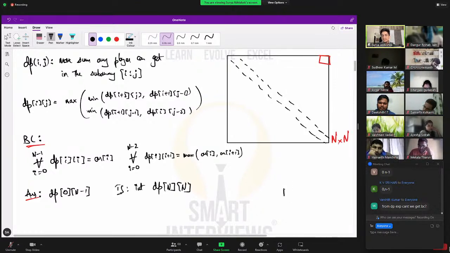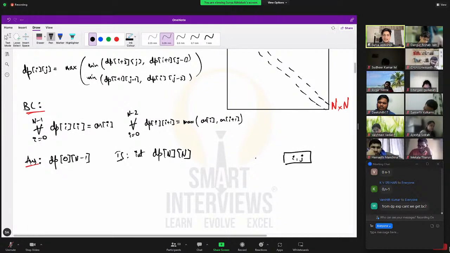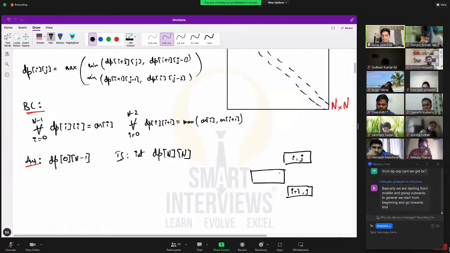If you look at this, basically what we are doing here is when you are at i, j, you are basically depending on the cell i plus 2, j first, which is somewhere over here. And you're depending on i plus 1, j minus 1, which is somewhere over here.